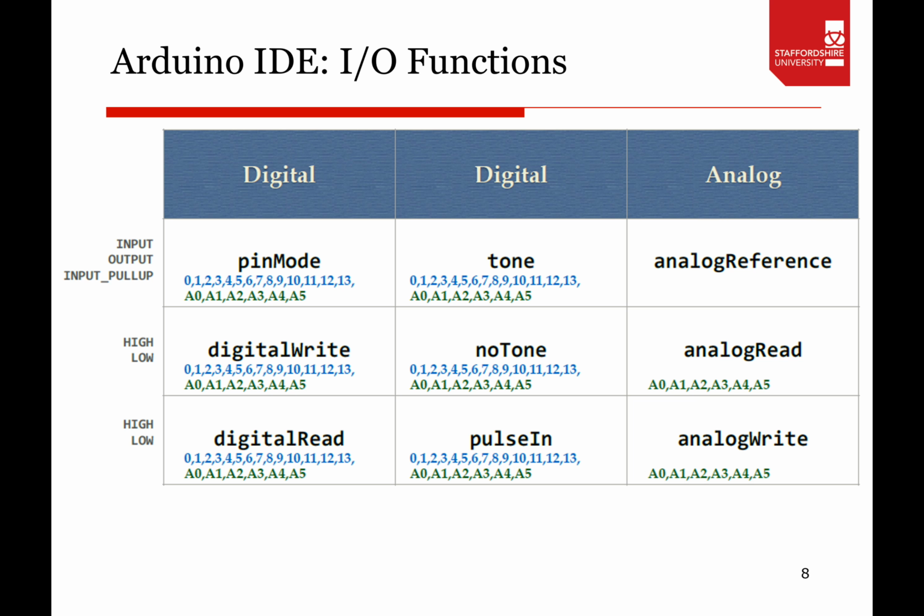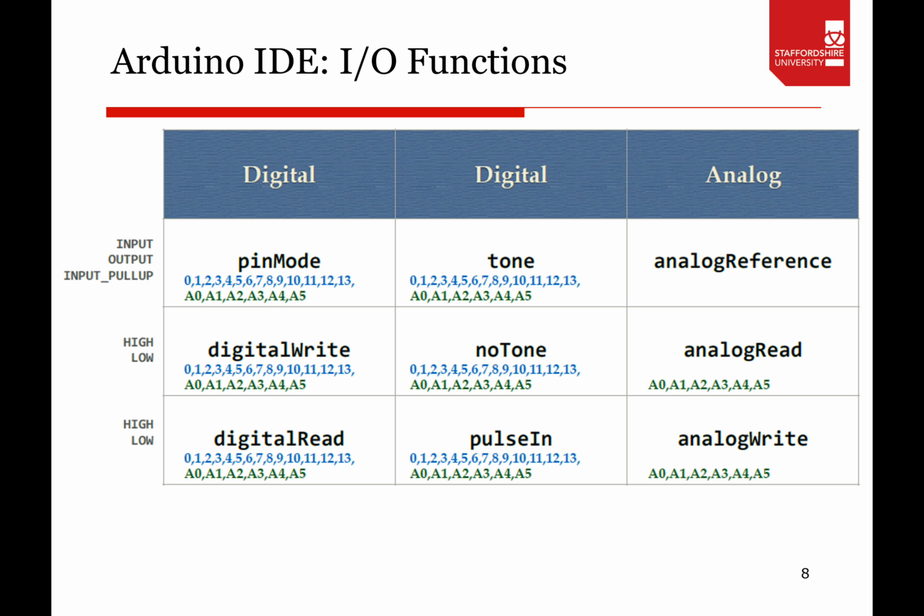I/O functions. There are certain functions that are already written for you if we choose to use them. We'll be talking in the later lectures about how to not use some of these functions to enable our programs to work more optimally or in a faster way. So pinMode basically tells the Arduino: is it an input pin or is it an output pin?